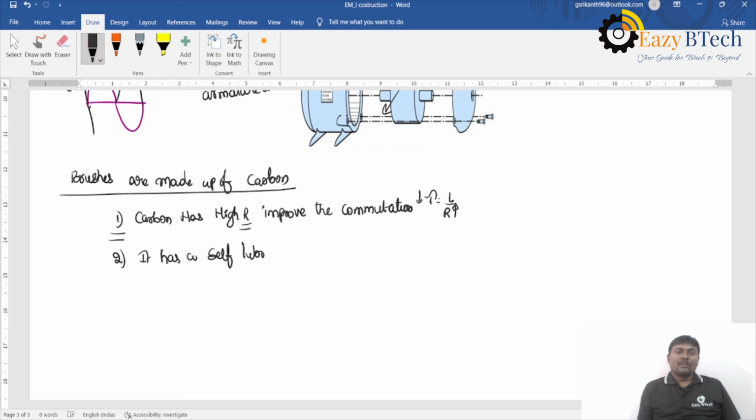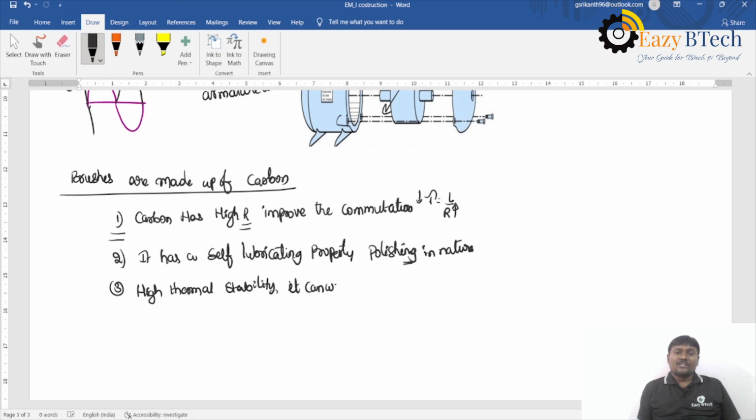Tau is equal to L by R. If R is more, then the time constant decreases. The second property is that it has a self lubricating property, which means polishing in nature. It is not easily damaged.